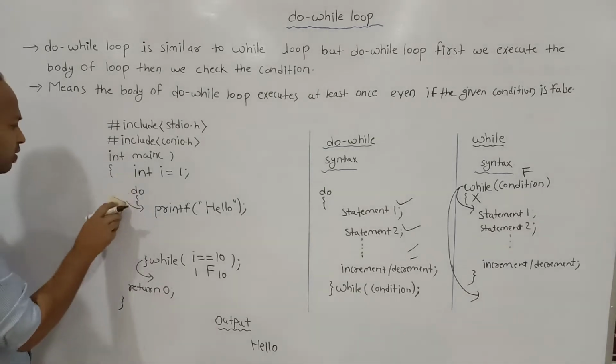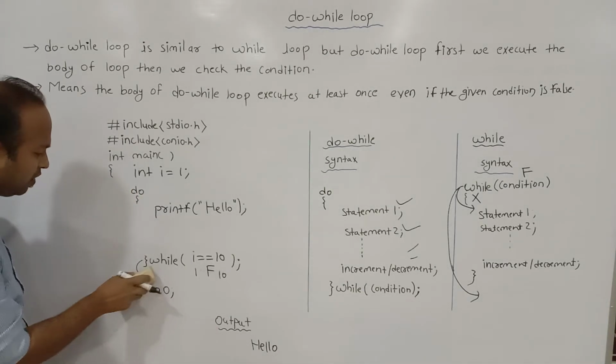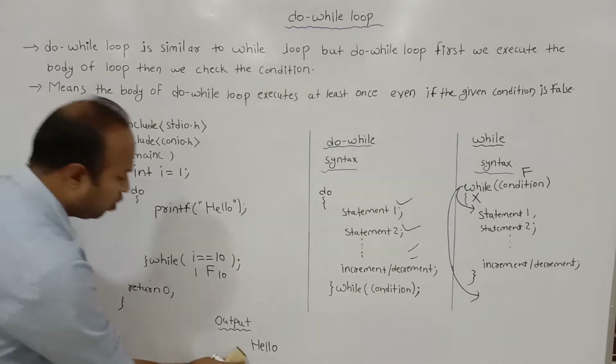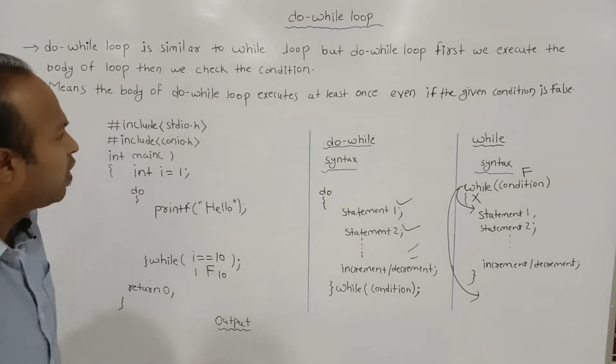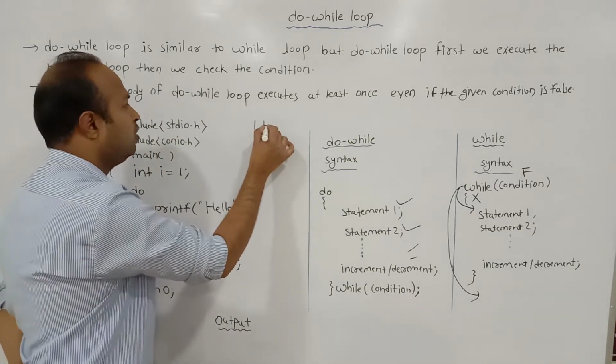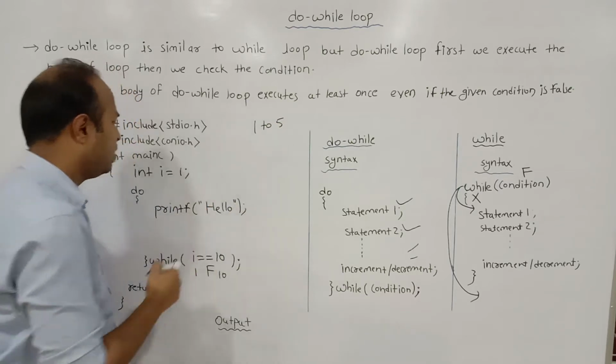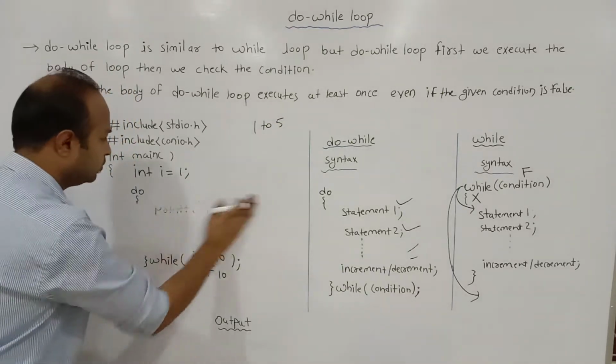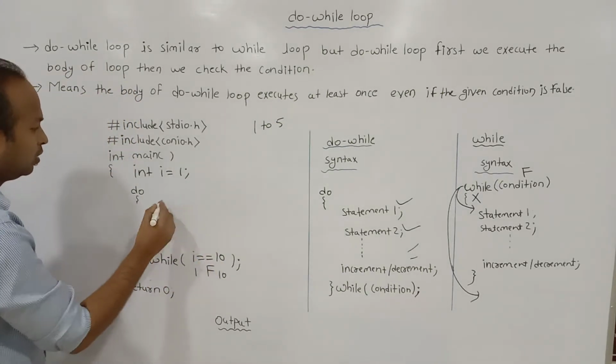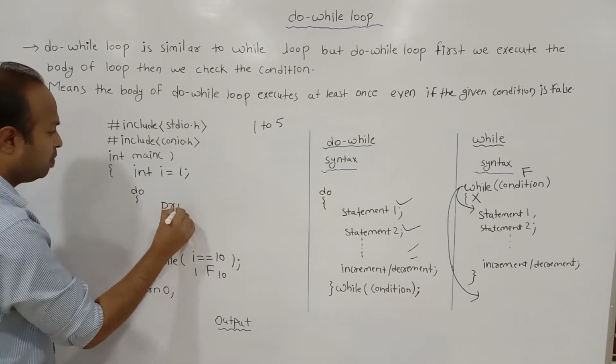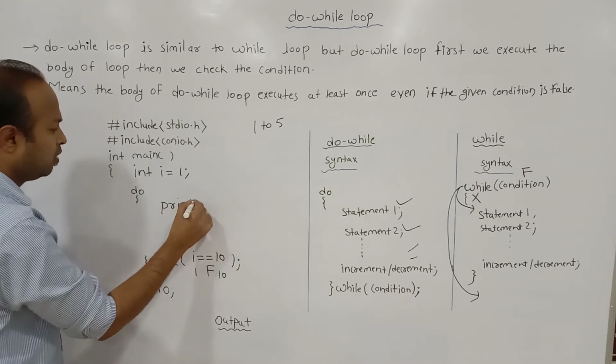Now let's make one more simple program with the do while loop. Suppose we want to print 1 to 5. How can we print it? We will print the value of i here first of all, using printf.